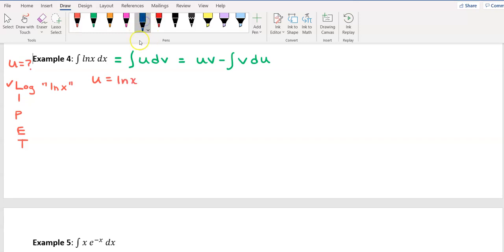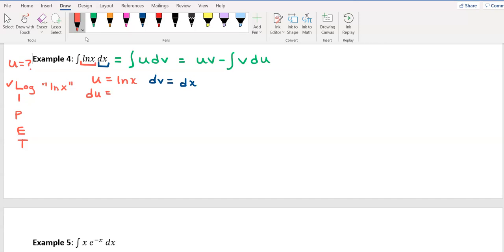And so now we need to figure out what our dv is. So if the ln is u, then really all we have there is dx remaining. And that is going to be what we set equal to dv. Now we'll take the derivative of u, so finding du.